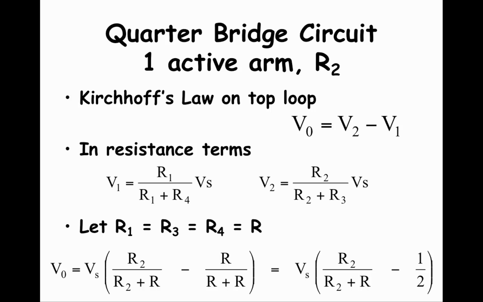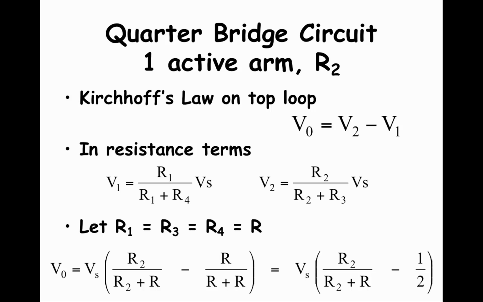Then, by using the concept of voltage dividers again, which we used in the earlier video, we can write the voltage drop across R1 and R4. We can also write the equation that gives the voltage drop across R2 and R3. With the equations for V1 and V2, we can substitute them in the equation V0 equals V2 minus V1.